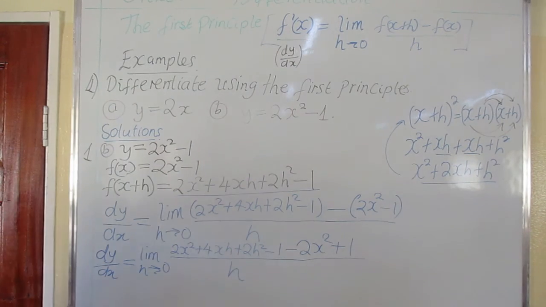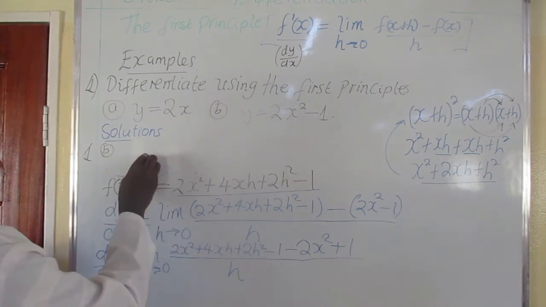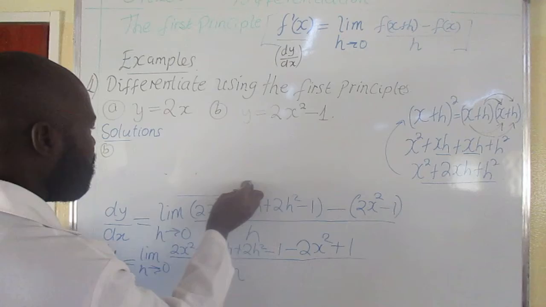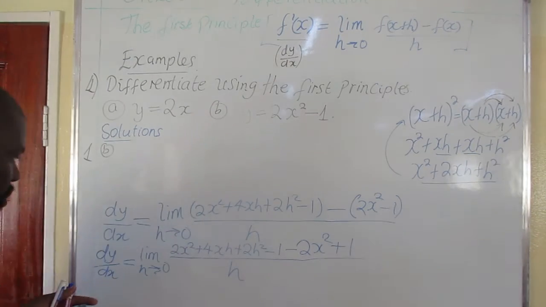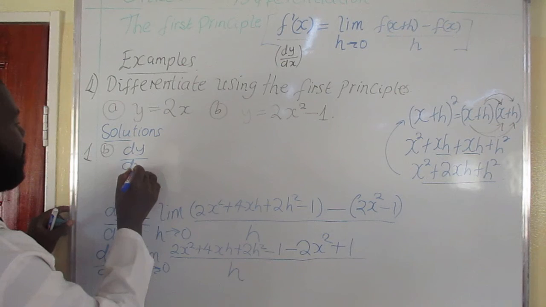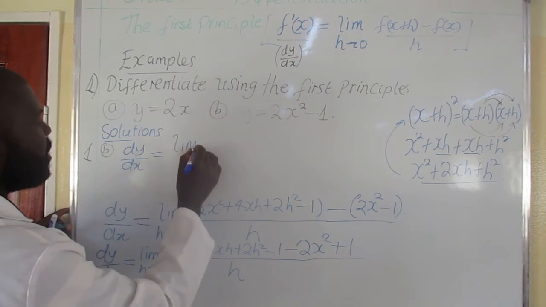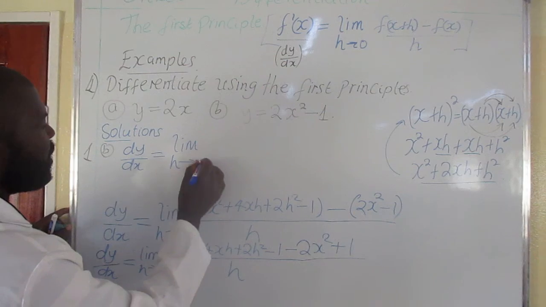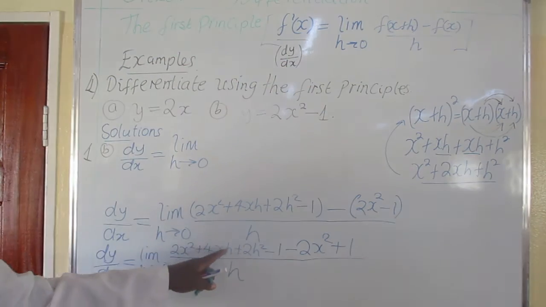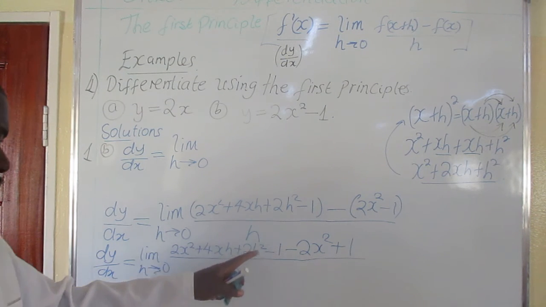Okay. We continue. So we have dy/dx is equal to the limit as h approaches 0 of... Now, at this point here, we need to look for like terms.